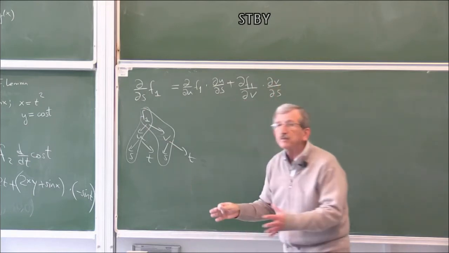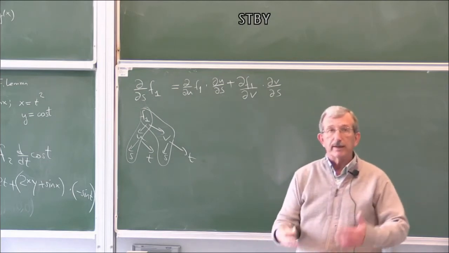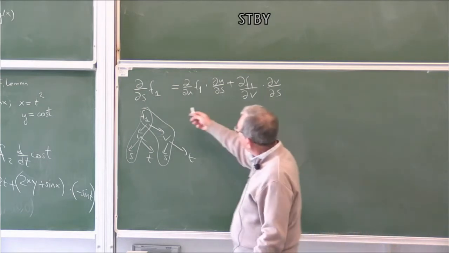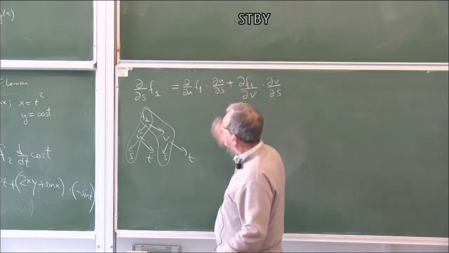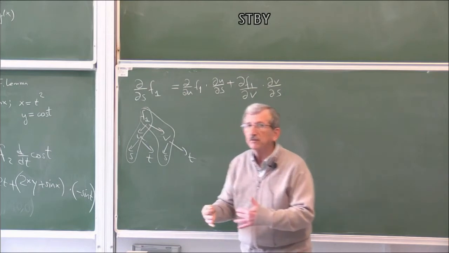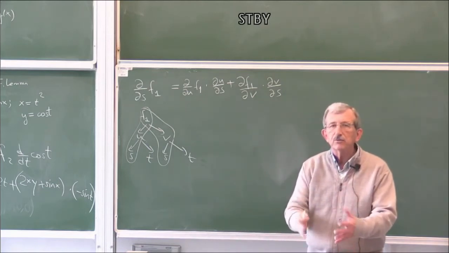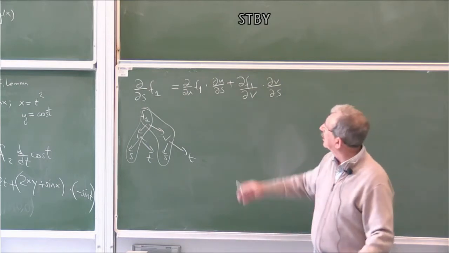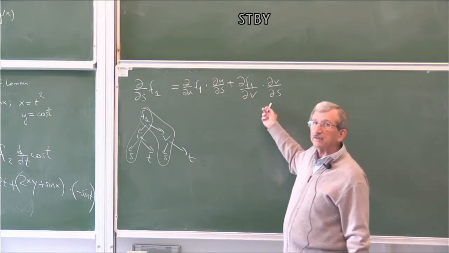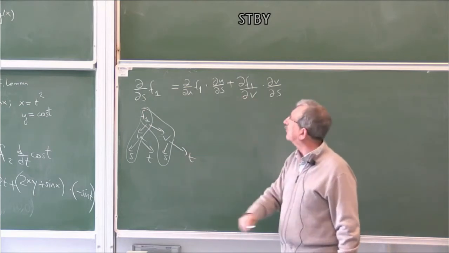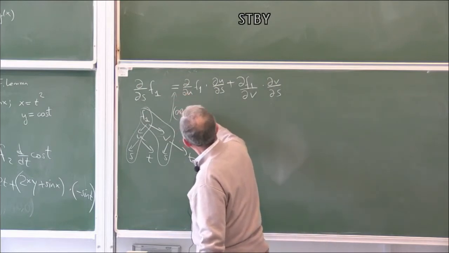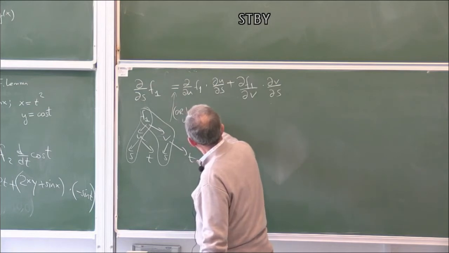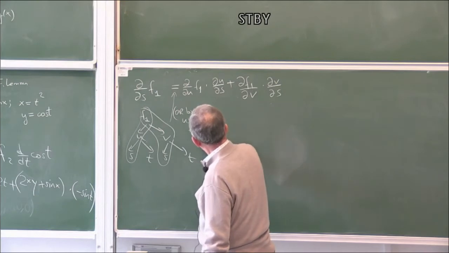But I could have done this by using the total derivative formula directly, because f1 is a function of two variables, and they are functions of s and t, but t is constant. So there is only one variable s, so I can use the total derivative formula. This is exactly what it would tell us. But you can do it from this tree as well, or by using the total derivative formula.